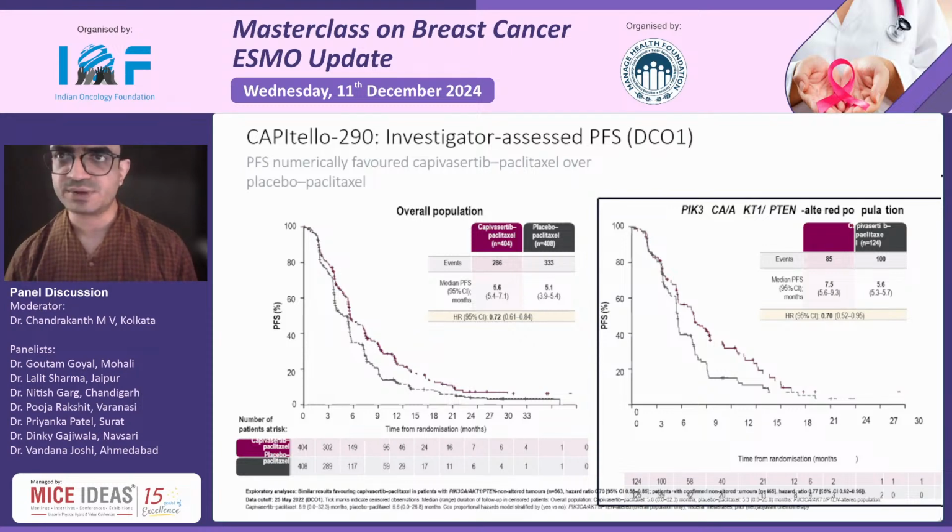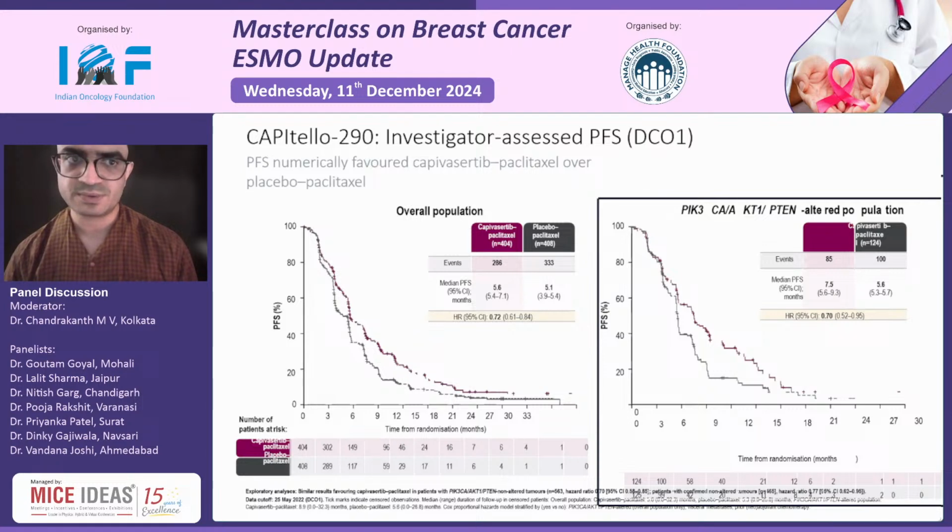And then we looked into the endocrine partner in the adjuvant setting with trastuzumab. So aromatase inhibitor plus ovarian function suppression has shown a survival benefit if you are using it in combination with trastuzumab, even in HER2 positive, triple positive disease.